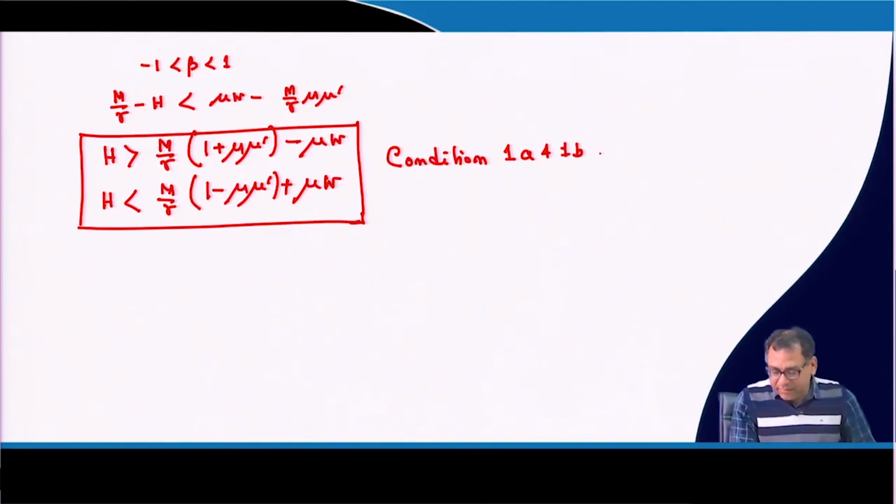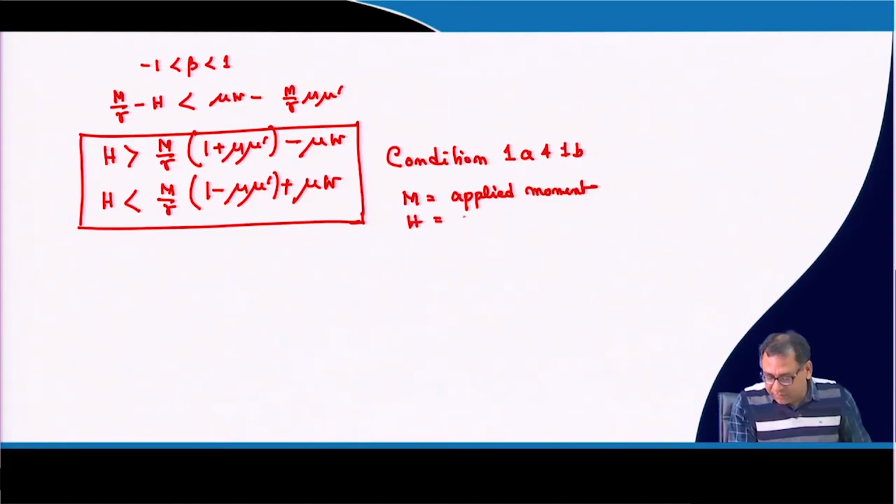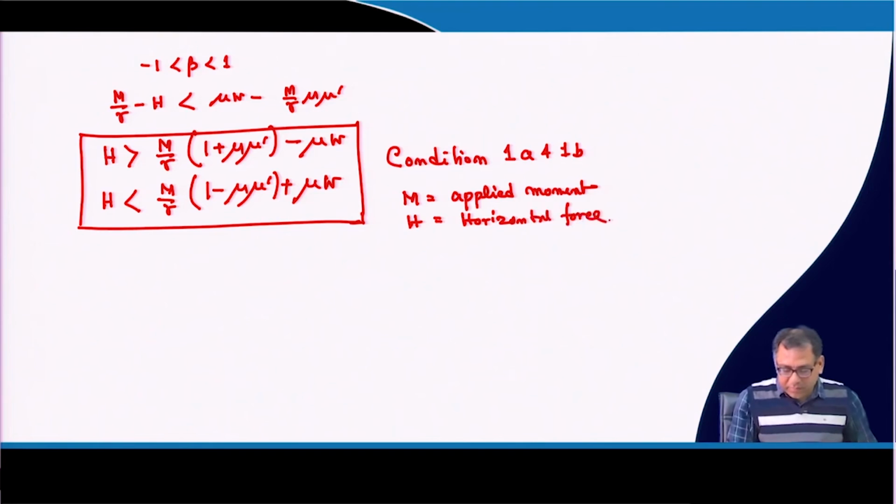So, what is m? M is the applied moment about the base, and H is the horizontal force, and mu are the friction coefficients.